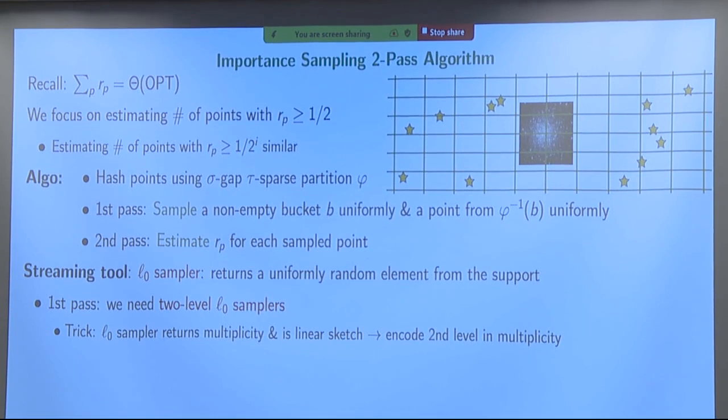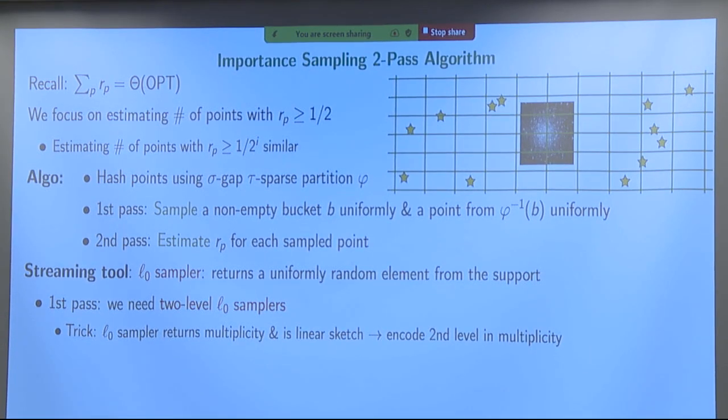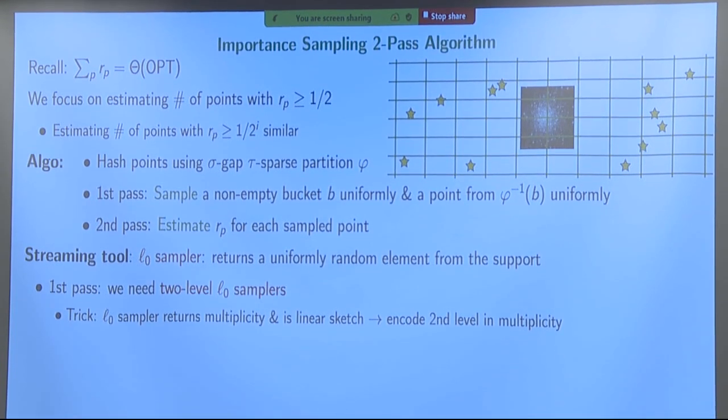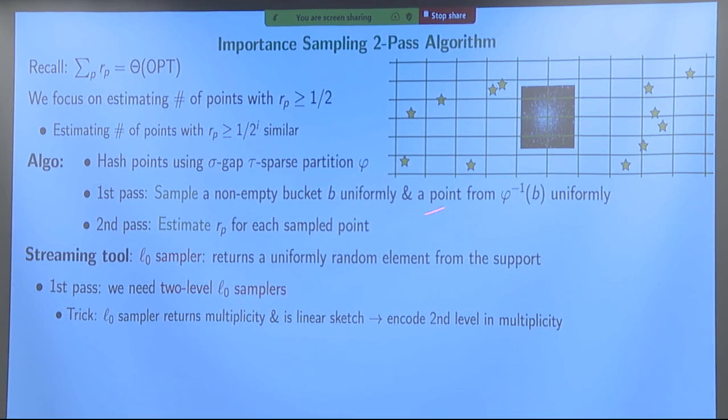So how do you implement the first pass, the sampling pass? There's a nice tool called L0 sampler, or distinct sampler, that samples a uniformly random element from the support. Now our support is the non-empty buckets. Okay, that works, but how do you actually recover this point? There's a nice trick. We make this sampler two-level. On the first level, we sample the buckets.